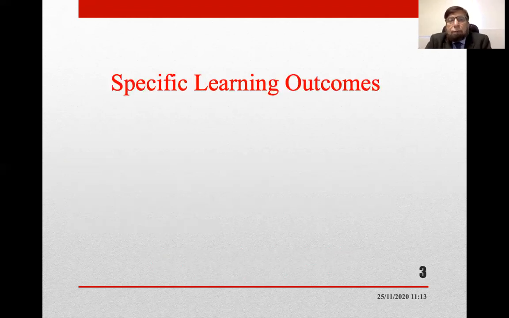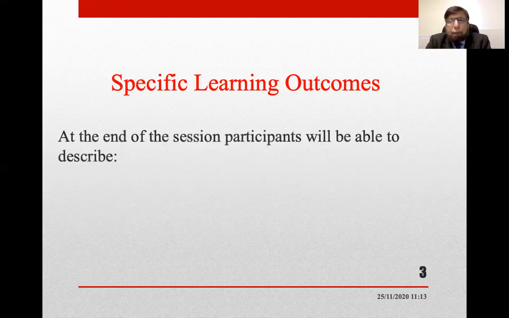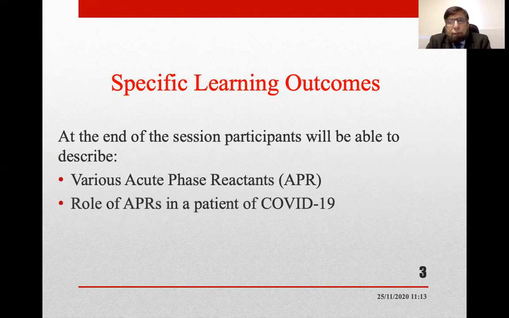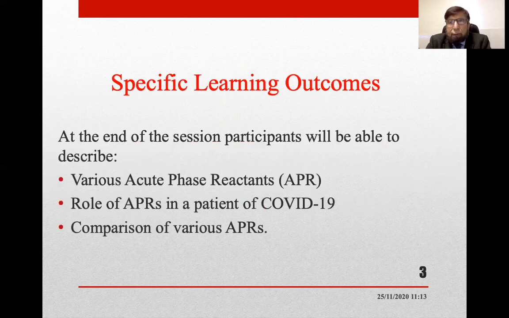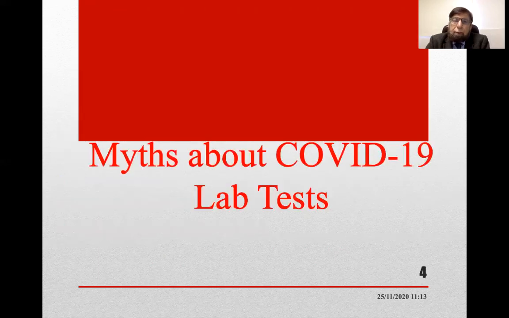Specific learning outcomes. At the end of the session, participants will be able to describe various acute phase reactants, the role of acute phase reactants in a patient of COVID-19, and comparison of various APRs. These are my specific learning outcomes. First of all, I want to discuss some myths about COVID-19 lab tests.